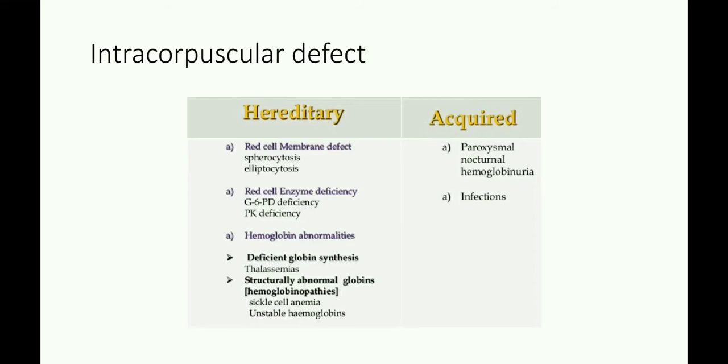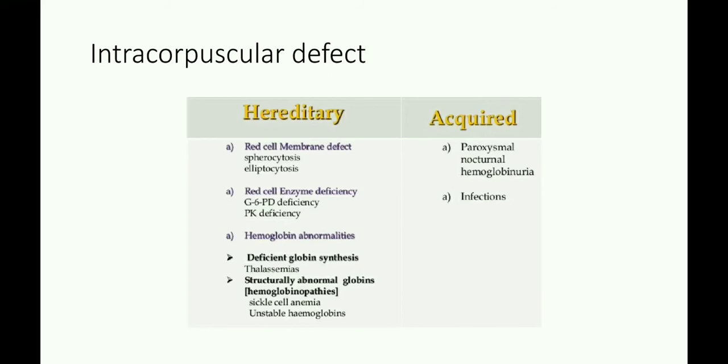The acquired cause of intracorpuscular defect in hemolytic anemia is paroxysmal nocturnal hemoglobinuria, whereas most of them are hereditary, like a problem with the RBC membrane, as in hereditary spherocytosis or hereditary elliptocytosis. There can be a problem with an enzyme, as in G6PD enzyme deficiency, or sometimes a defect in the hemoglobin.